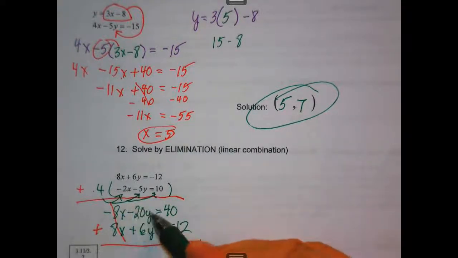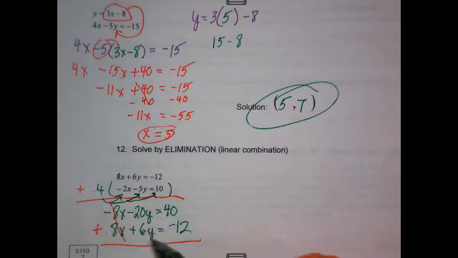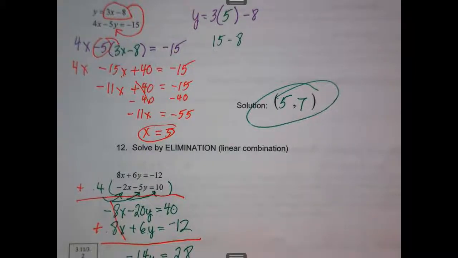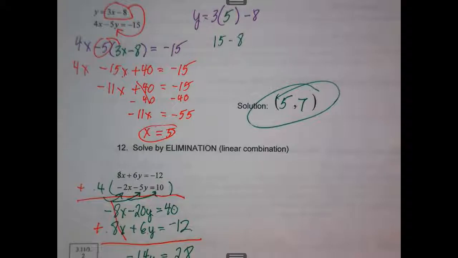So negative 20y plus 6y is negative 14y. 40 plus negative 12, 28. Divide both sides by negative 14. Negative 2, right?